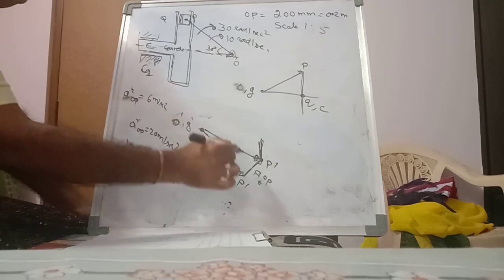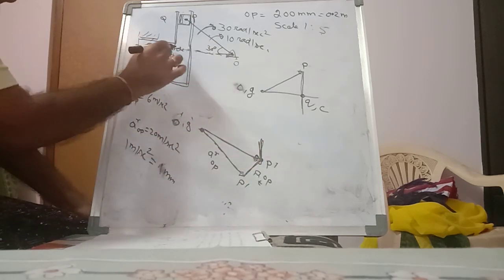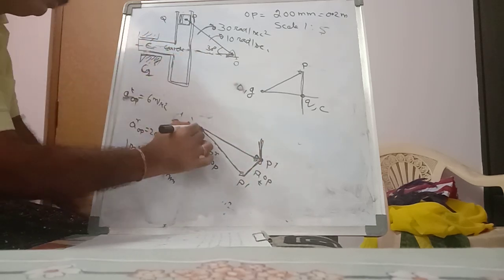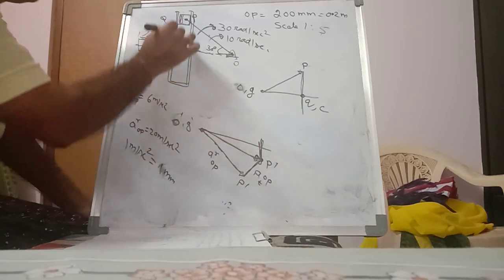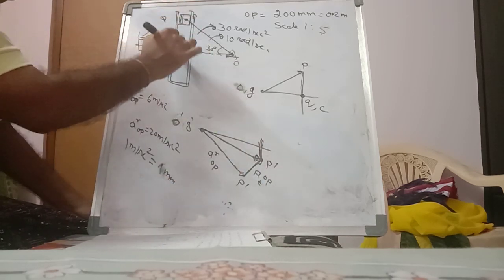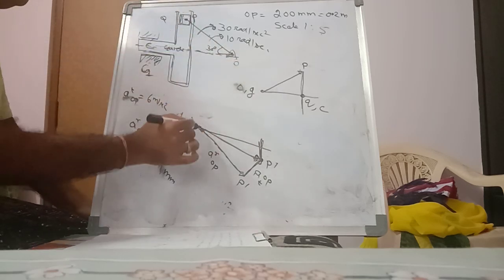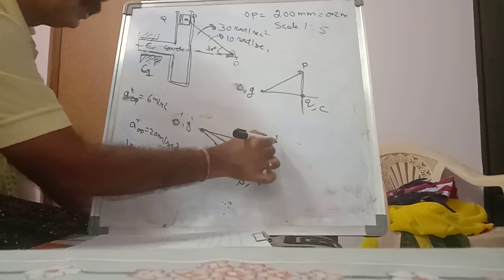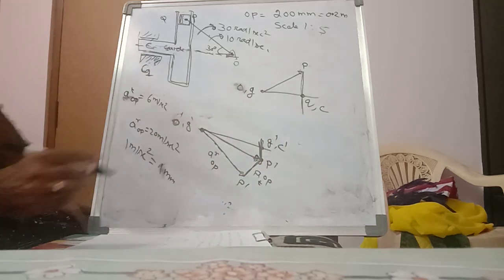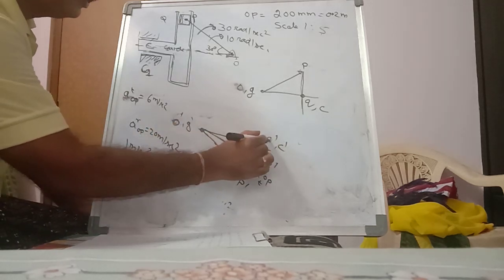C moves horizontally, so from G dash you draw a horizontal line. Q will move vertically and C will move horizontally. This point is Q dash, C dash.